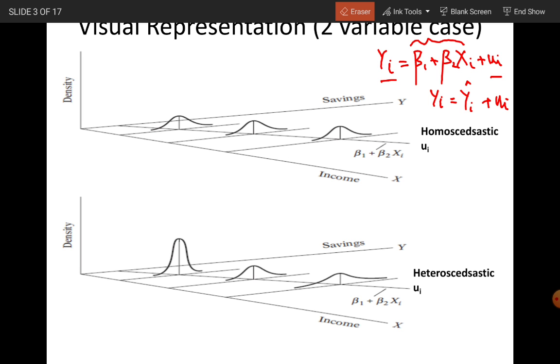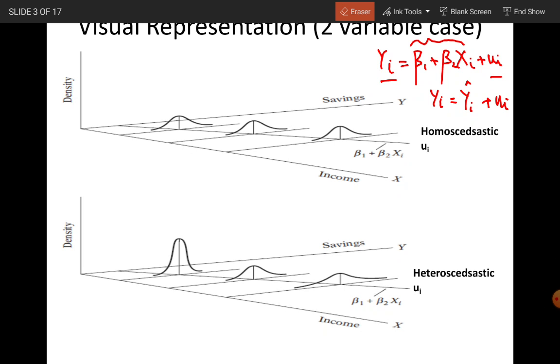As you can see, as the income xi increases, the variance of the yi term also increases. Remember that variance means how far it is spread away from the mean.